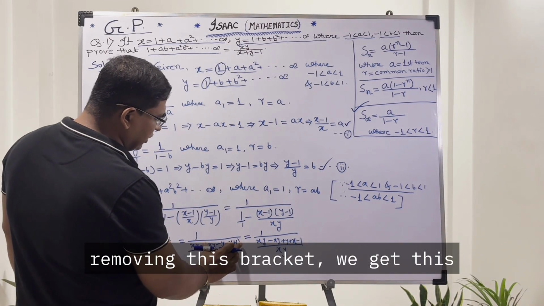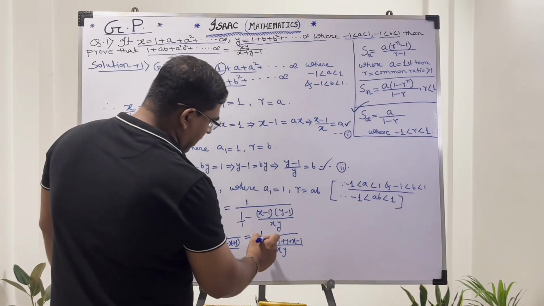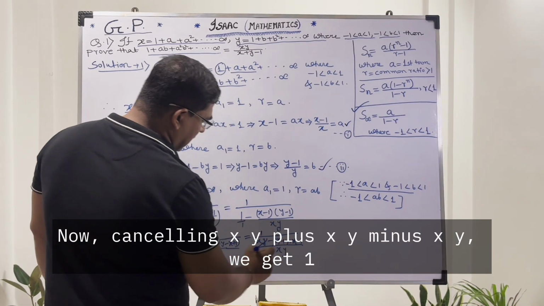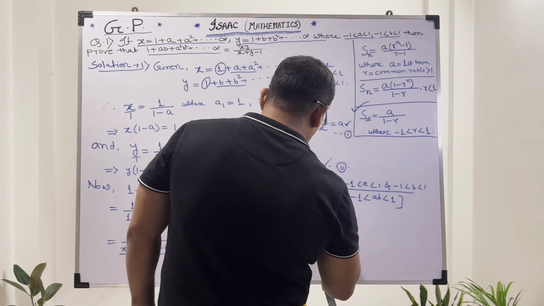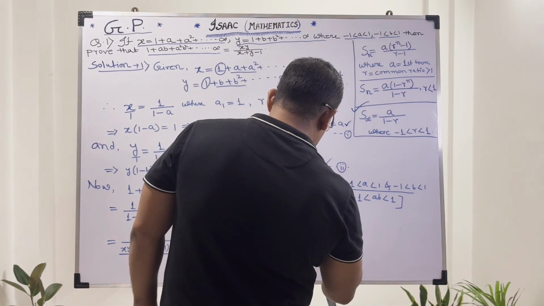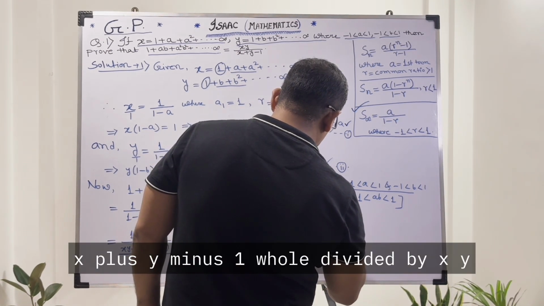That means removing this bracket we get this. Now cancelling xy and minus xy, we get 1 by (x plus y minus 1) whole divided by xy.